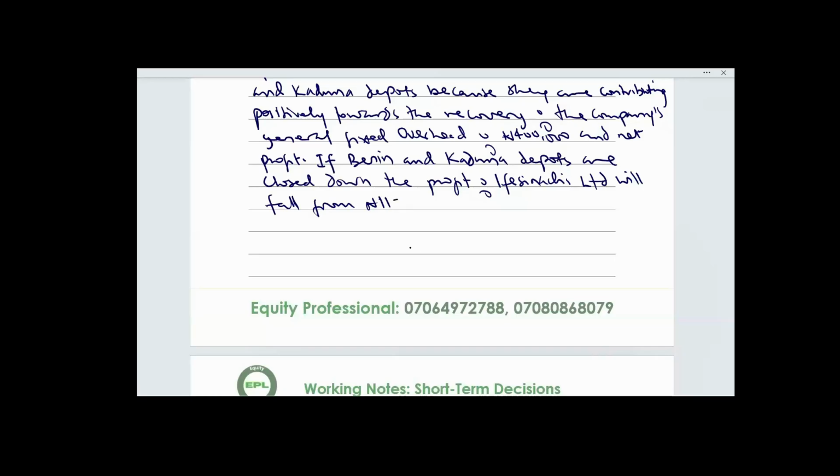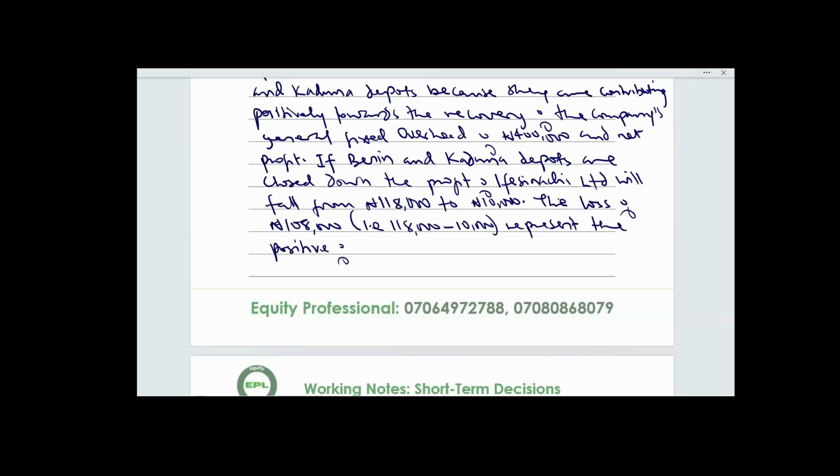Let me write it. To 10,000 naira. So you can then say the difference, or the loss of 108,000, that is 118,000 minus 10,000, represents the positive contribution of Benin and Kaduna.